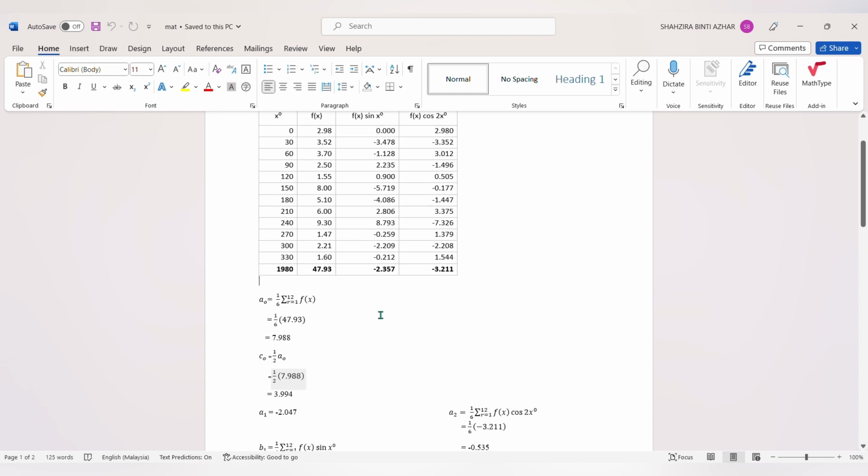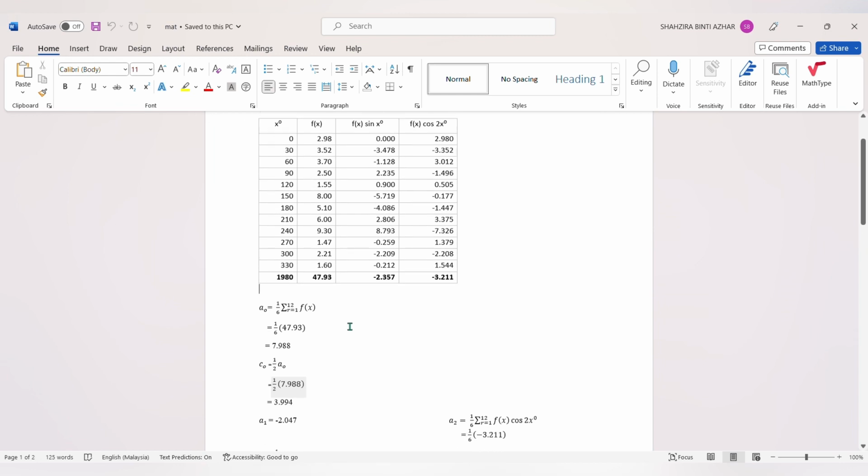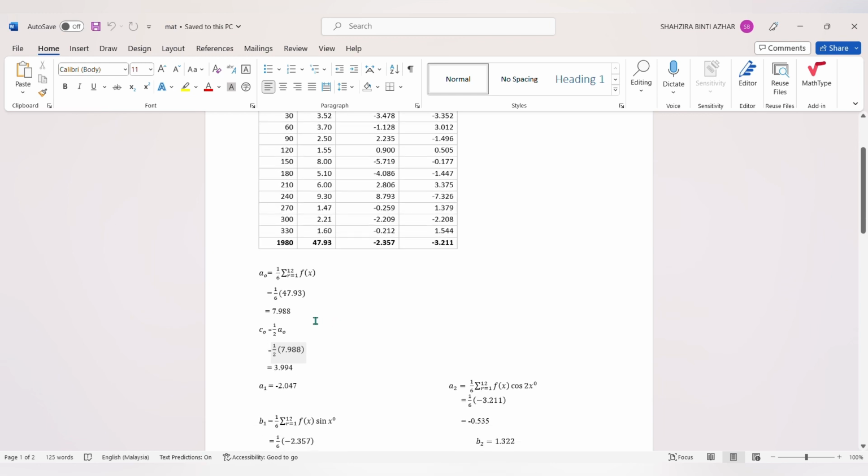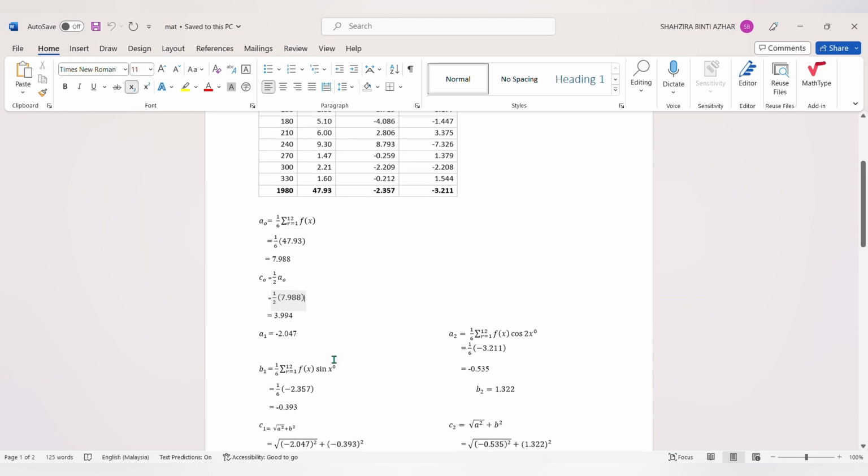Then, second step, we will calculate for the A0, and I got the answer 7.988, and then we calculate for the C0, and I got the answer 3.994, and A1 is already given in the question, which is negative 2.047.